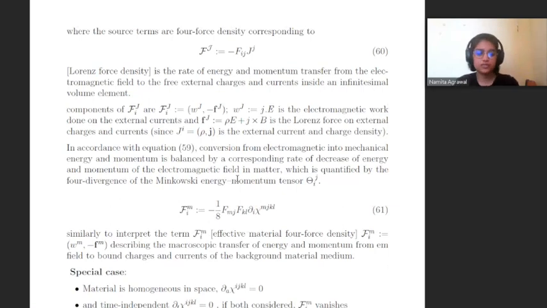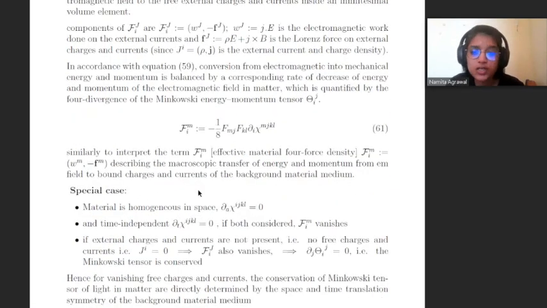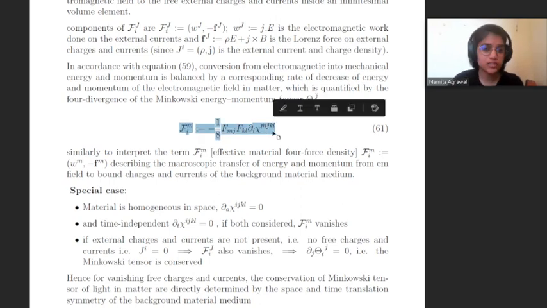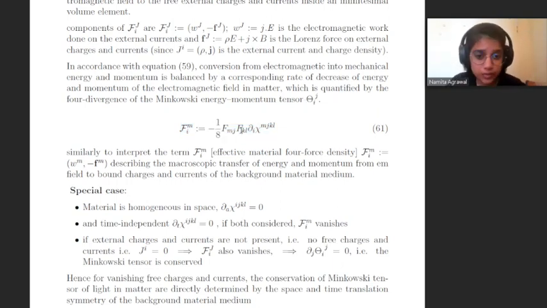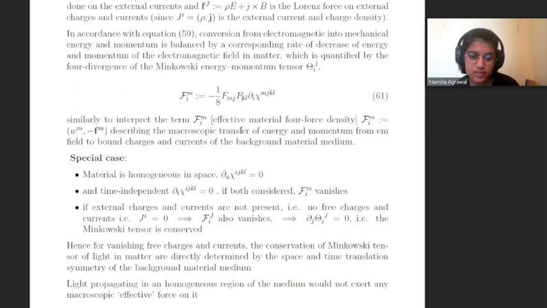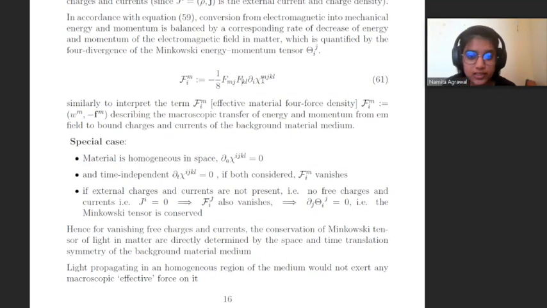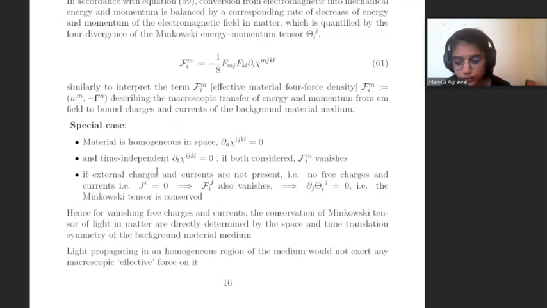This expression for the transfer of energy from the EM field to bound charges is called the effective material force density. If you notice, it depends on the variation of the constitutive relations which depict the material properties such as epsilon, mu, permeability, polarizability, all those. Now, I'm restricting the focus to a very special case when the material is taken to be homogeneous in space, that is, any variation of constitutive relations is taken to be zero.